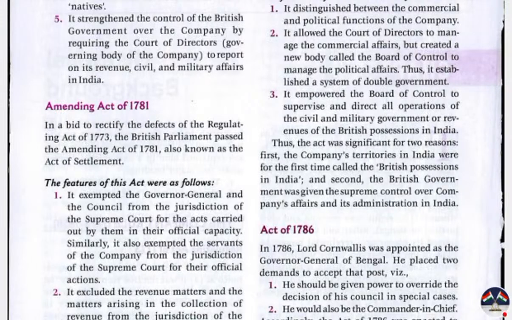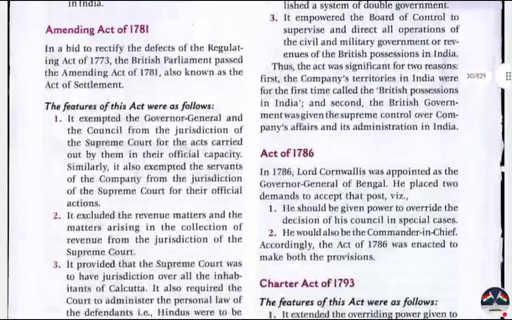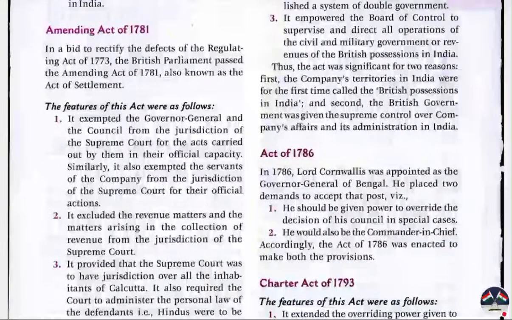The Board of Control was a newly created body. And thirdly, it empowered the Board of Control to supervise and direct all operations of the civil and military government or revenue of the British possessions in India.